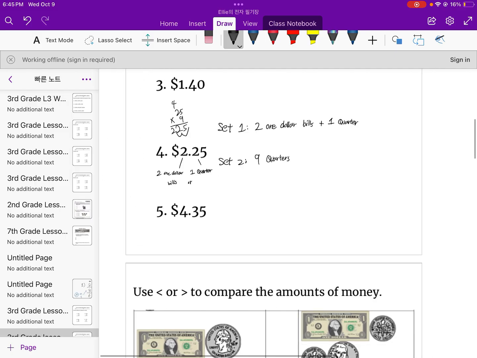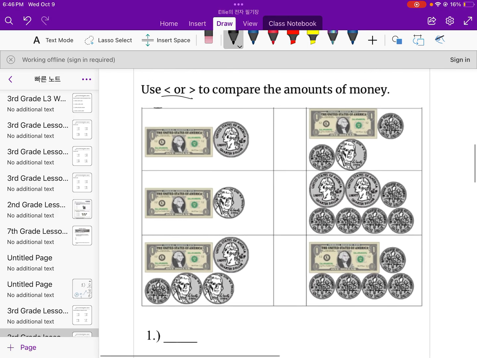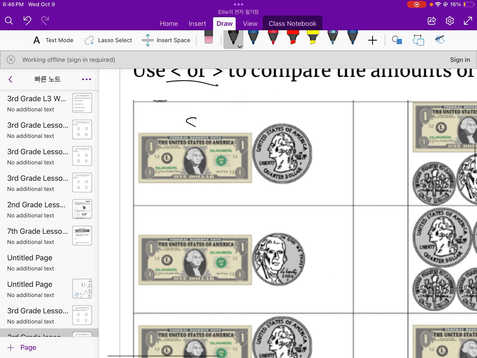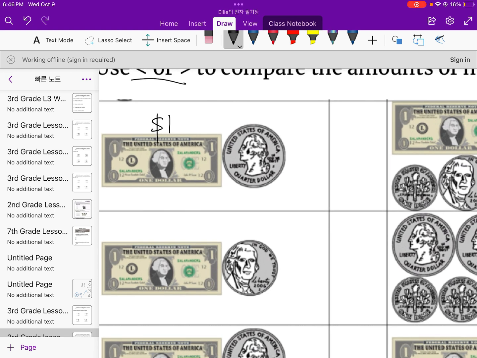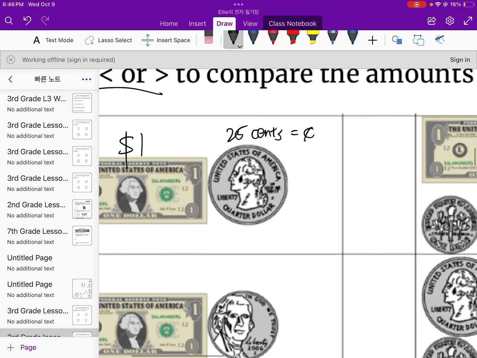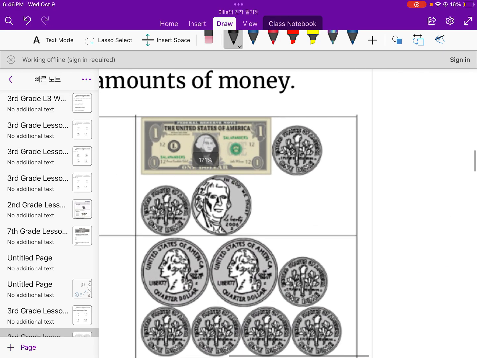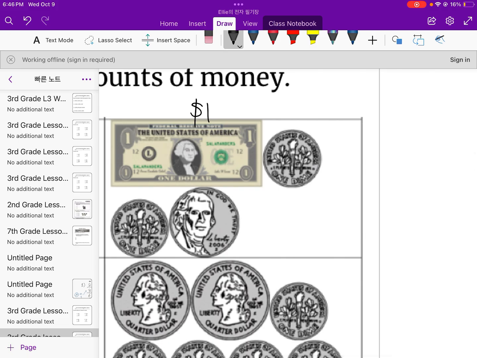And that's it. For the second section, we're going to use the comparison marks to compare the amounts of money. So for the first one, we can see that this is $1 and this is a quarter, so this is 25 cents. And this is $1 again, and this is a dime, so that should be 10 cents.